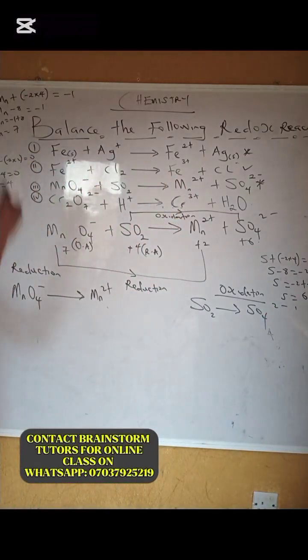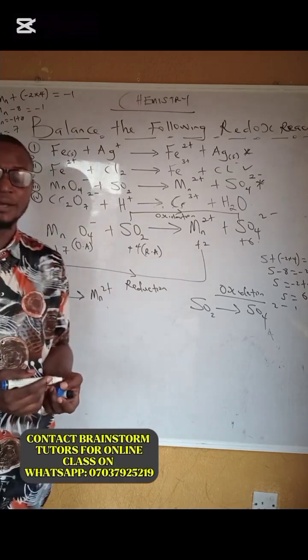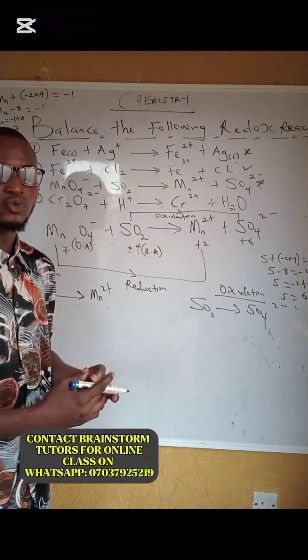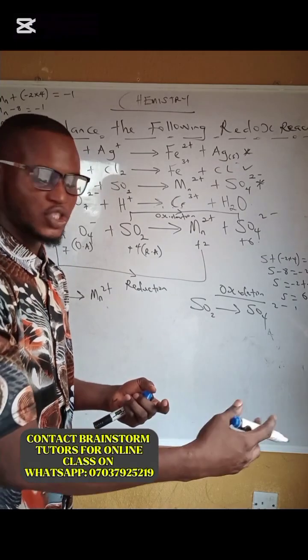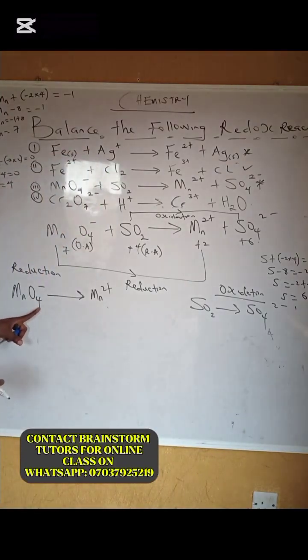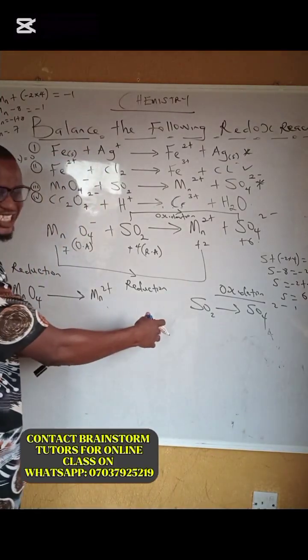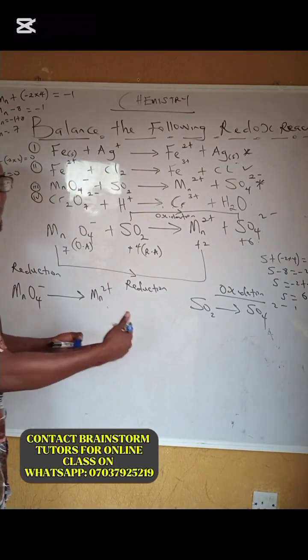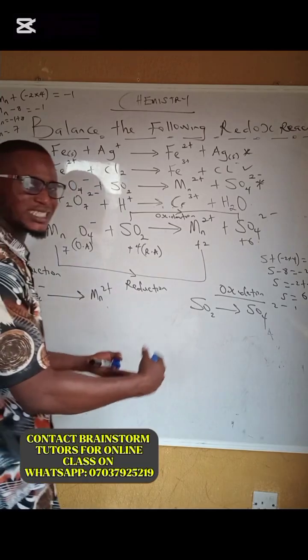Now, let's continue. Since the moment you have oxygen in this kind of cases, you now have to add a water molecule to the side that lacks oxygen. You can see the number of oxygen that we have here is 4, but this side has no oxygen at all. So the side that has no oxygen, you add more water molecules there.